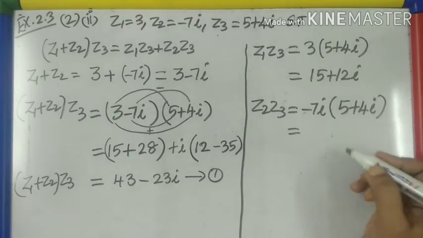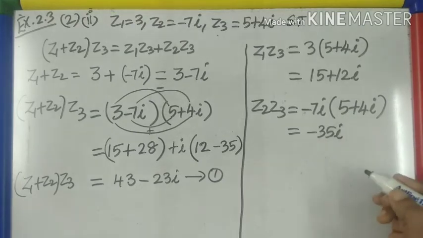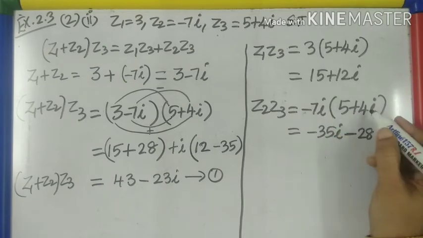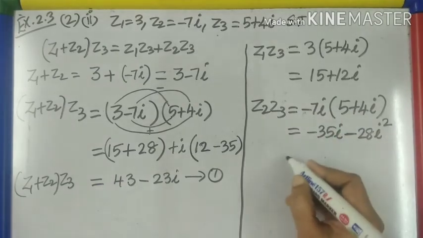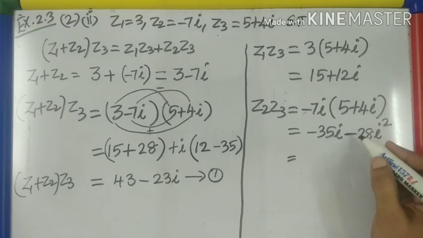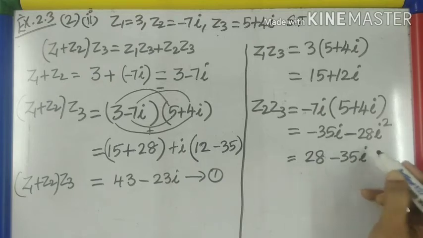As I multiply, minus 7i into 5, minus 35i. Minus 7 4s are 28, i into i, i square. And we know i square is minus 1. Minus 1 into minus 28 is 28. So 28 minus 35i.